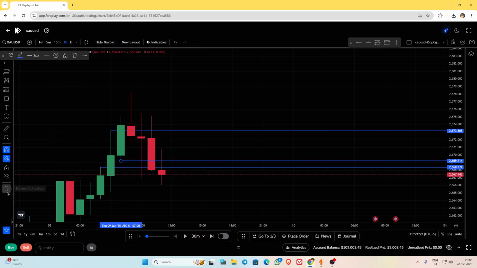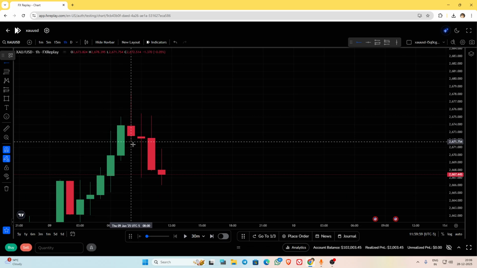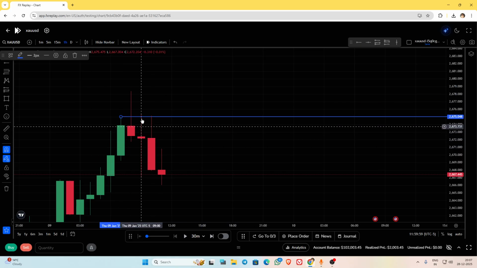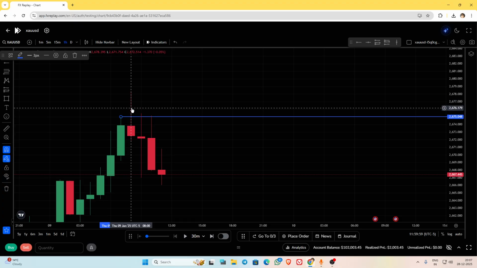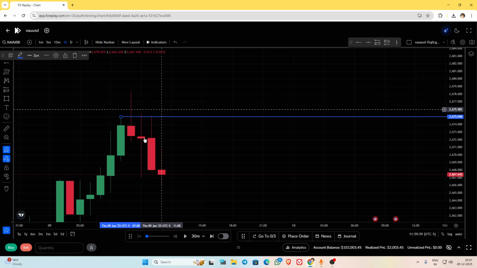So if you really want to take trades after 7 a.m., trade after the 8 a.m. candle closes, because when the 8 a.m. candle closes above or below the 7 a.m. candle, then you have a bias. Then you can take trades towards the bias, and if you are taking trades in the same direction where the 8 a.m. candle closed, then you will have 80% chances of getting your trades right.